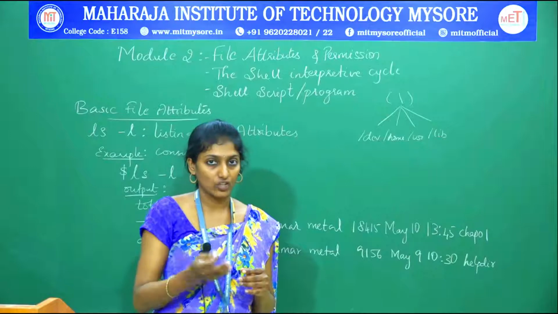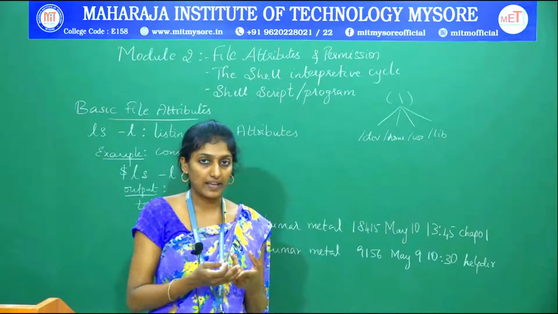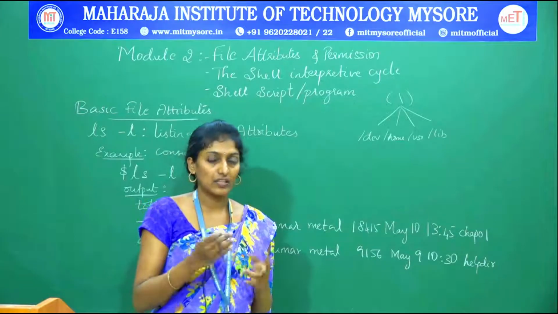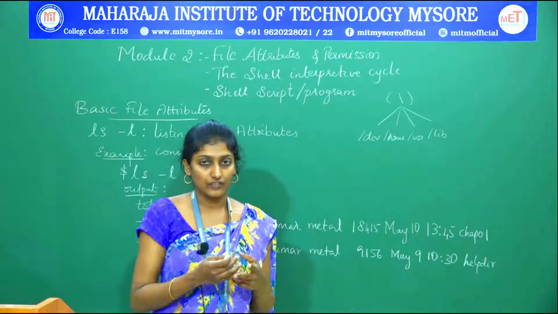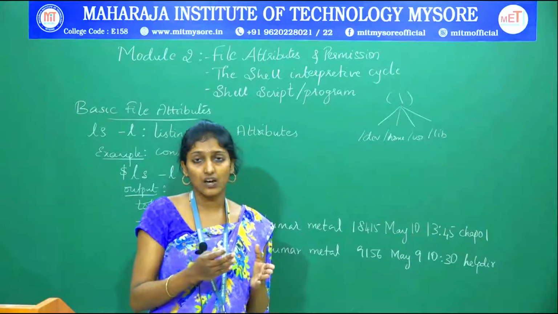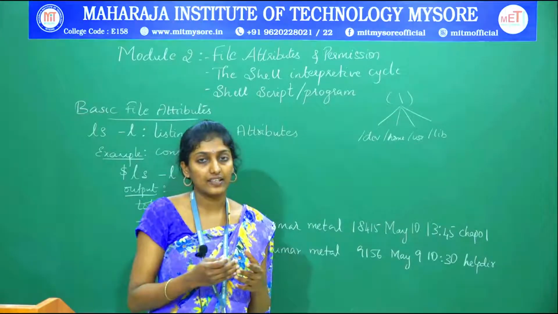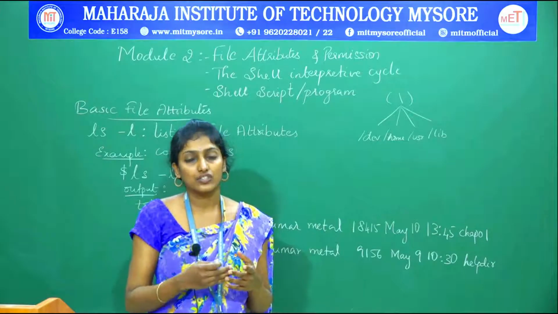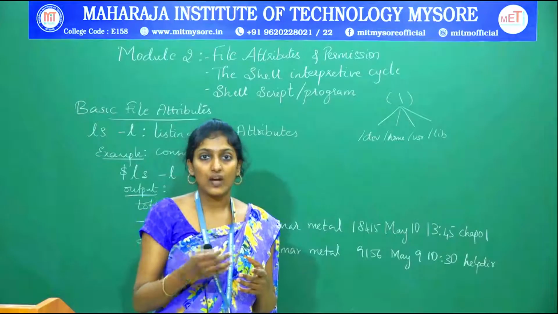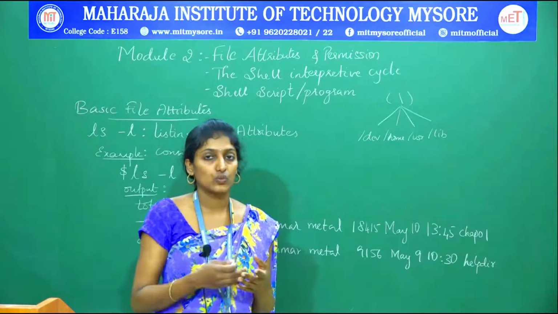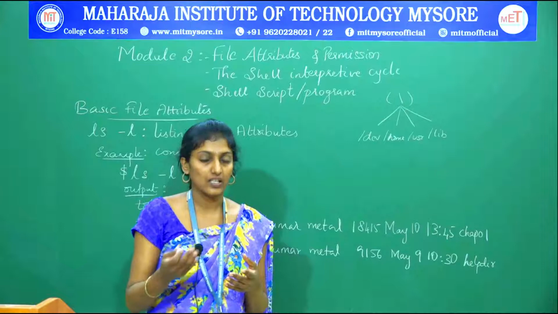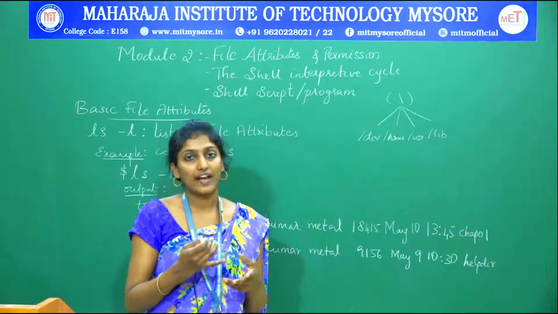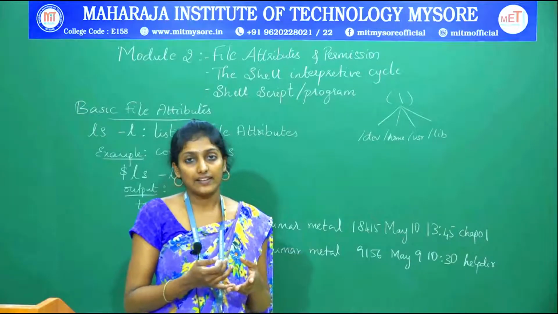A few of the attributes we have already discussed: -a for displaying the hidden files, capital X for displaying a multi-columnar output, -f for displaying all your directory files in a hierarchy, -r for displaying recursively all your list of files, and -x, small x, which displays the directory files itself. Along with that we discussed -l, -u, -t.